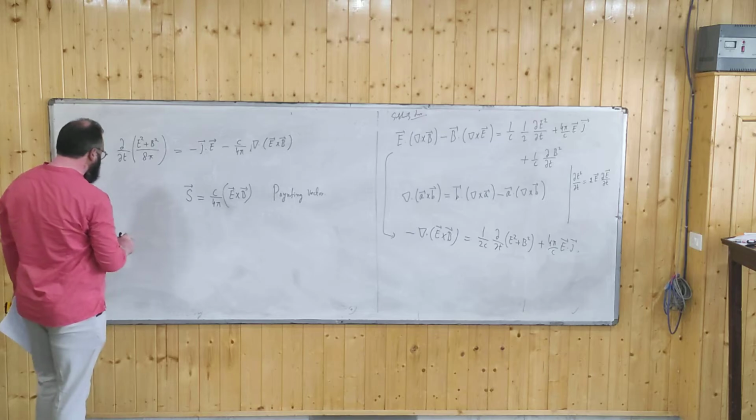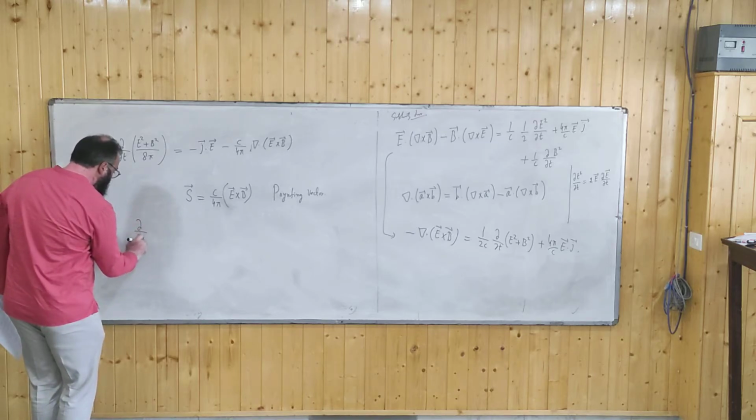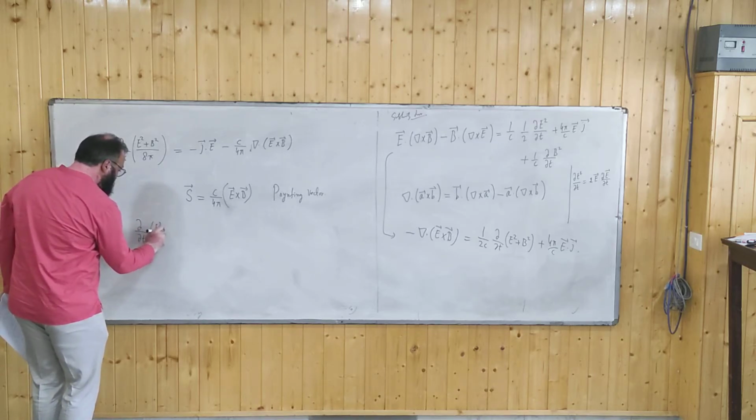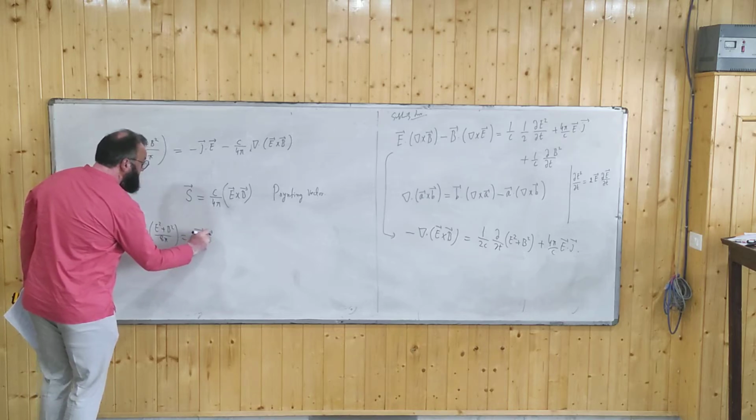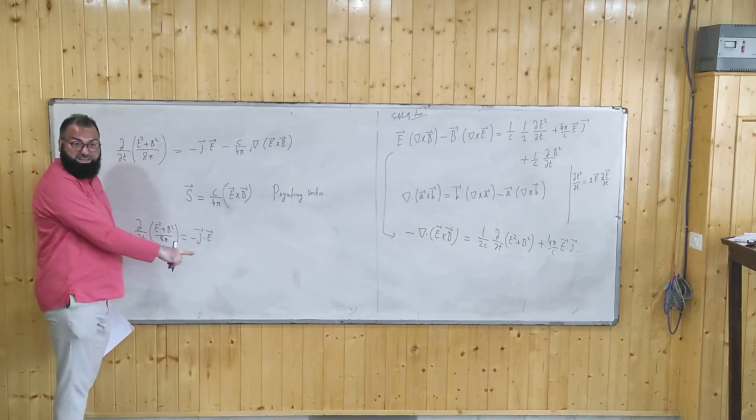So I can write partial by partial t of E square plus B square by 8 pi is equal to minus j dot E. What is j? It is the current density.